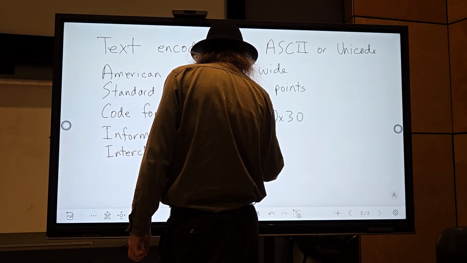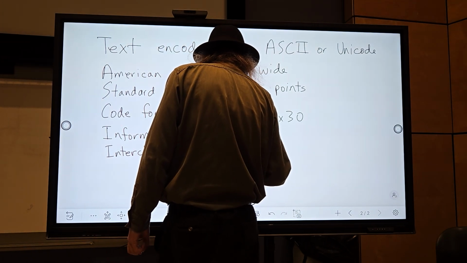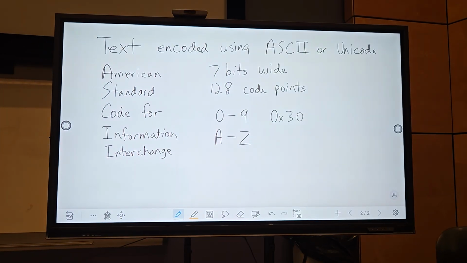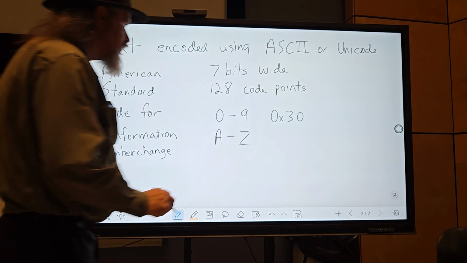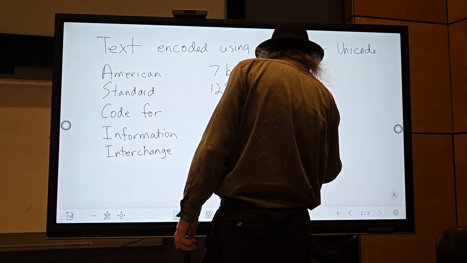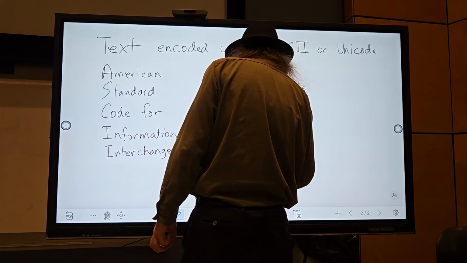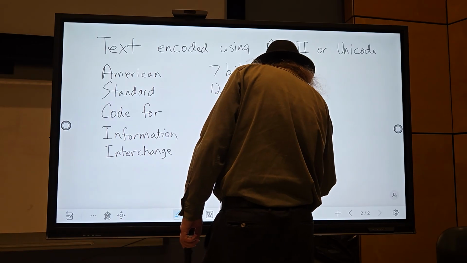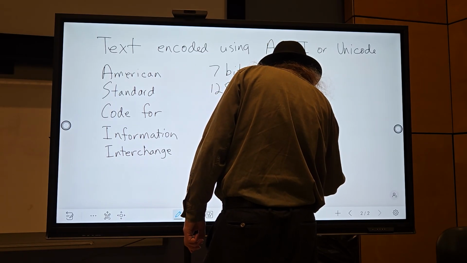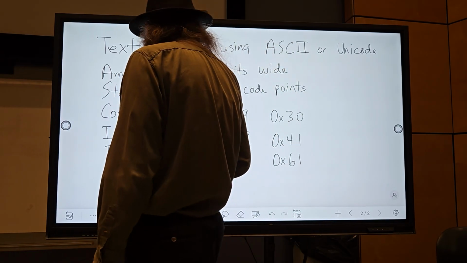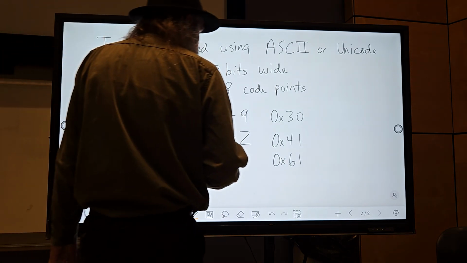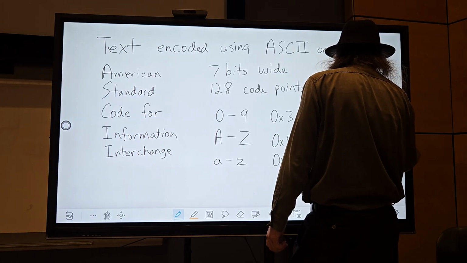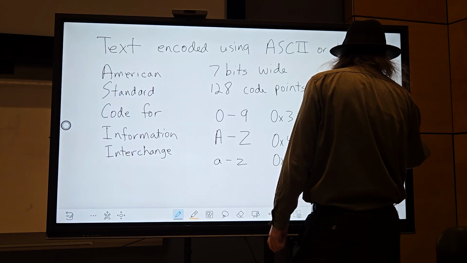Capital A through capital Z is encoded, where is that encoded at? 0x41. Small a to small z start at 0x61. The space is 0x20.